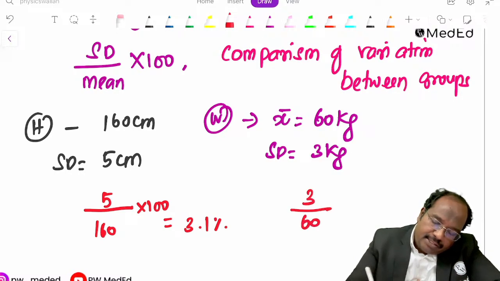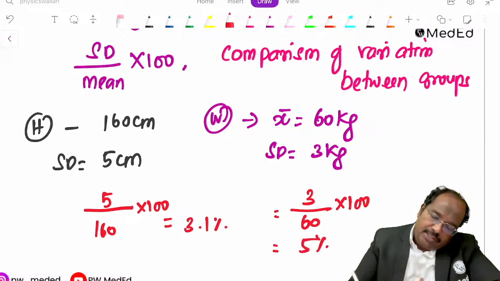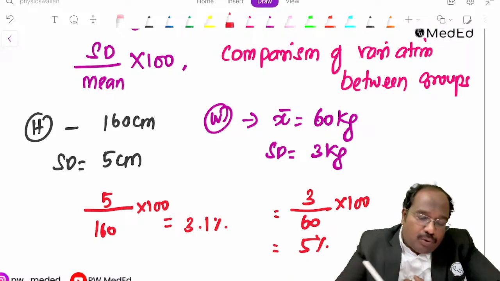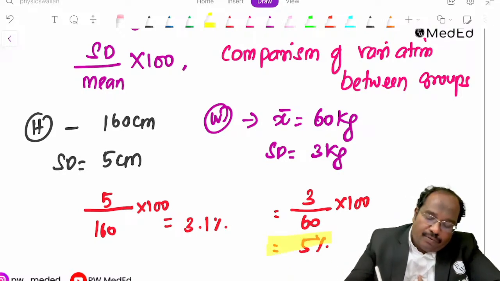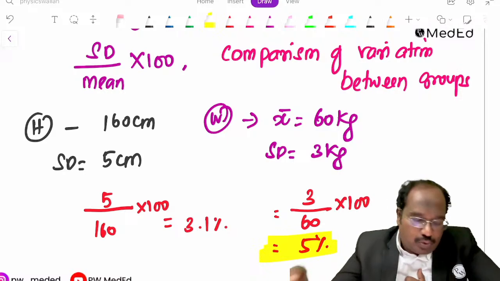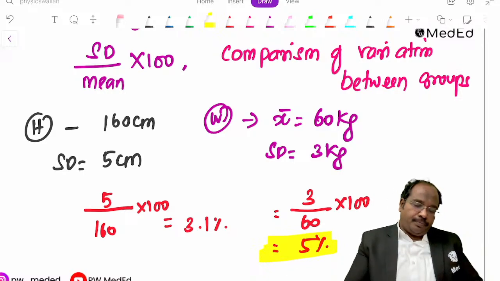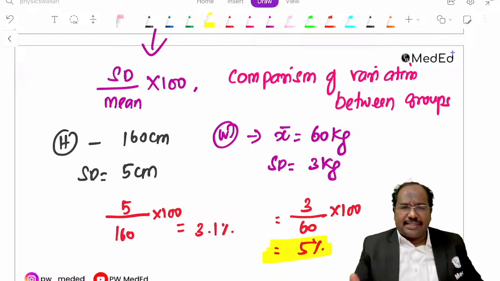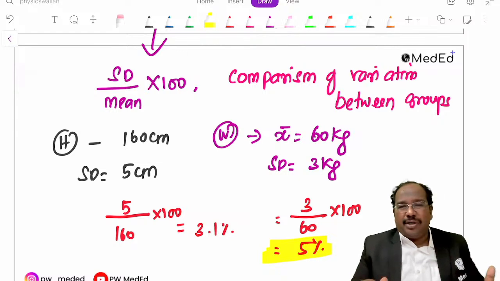Here 3 by 60 multiplied by 100 is 5 percent. So there is more variation in the weight. This is called coefficient of variance, used to compare the variation between two groups. Hope this is clear. If they ask some form of problems, you should be able to do it, guys.